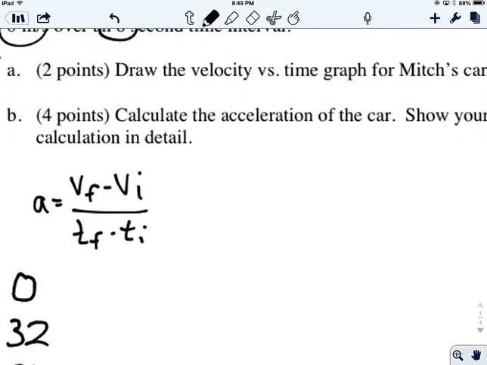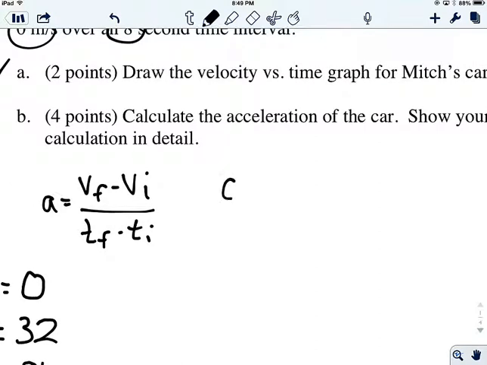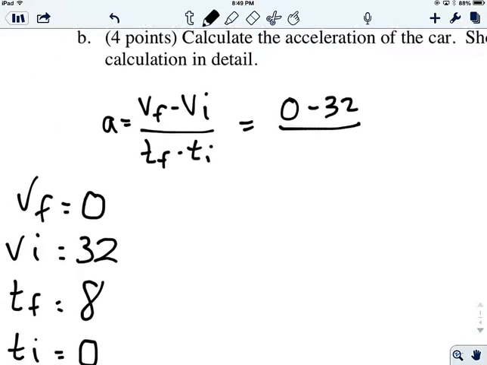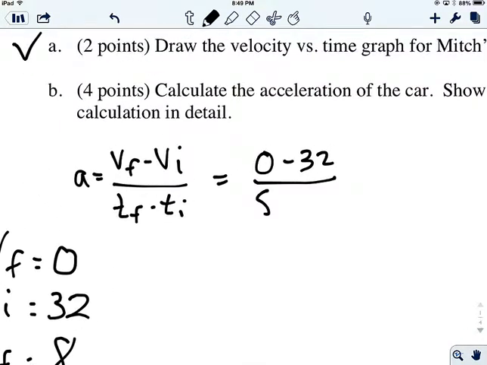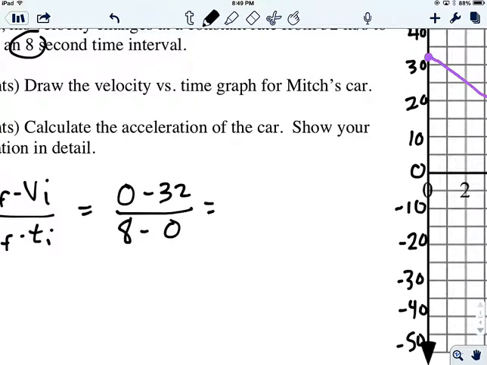So now I can do vf minus vi, and that's going to be 0 minus 32, divided by tf minus ti, which is 8 minus 0. That equals 32 divided by 8.